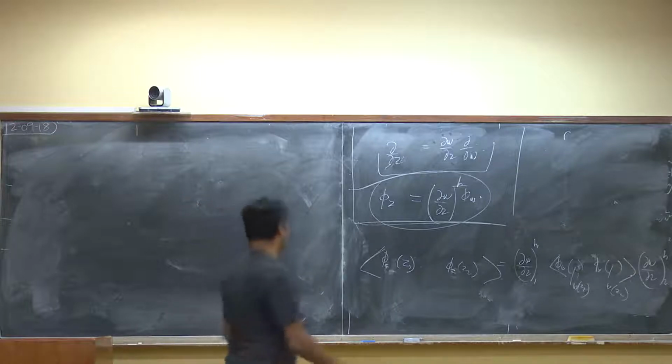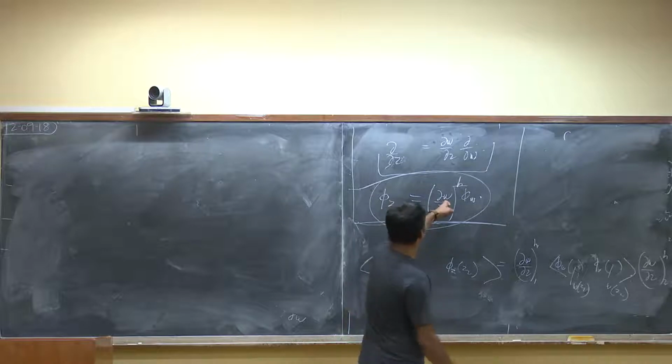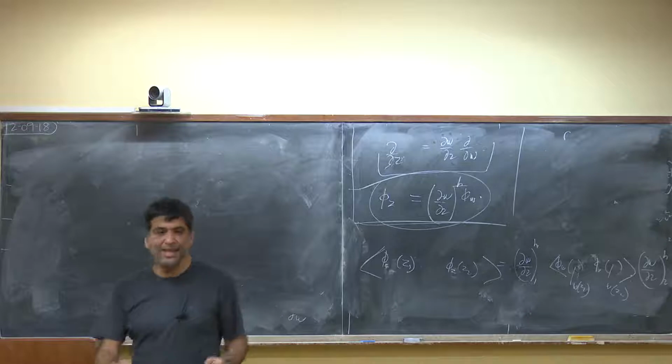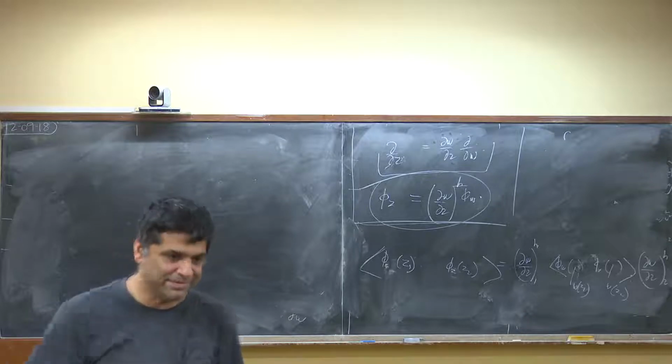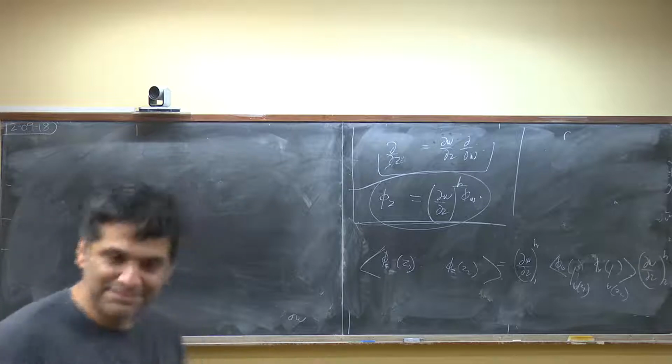You do it twice, you get the same kind of transformation rule. Yes, that is true, because you just use the chain rule. So Indranil's point is that if you now do another coordinate transformation, you'd write W as a function of alpha.